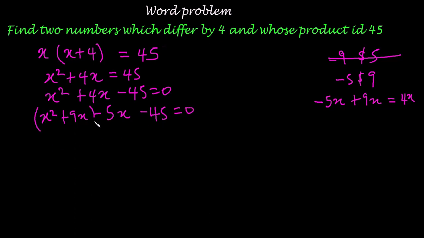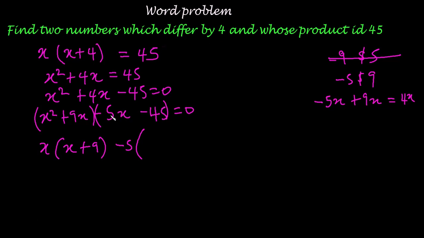So let's take the brackets. The like term here is x. So we have x plus 9. x squared divided by x is x. 9x divided by x is 9. The like term here is minus 5.